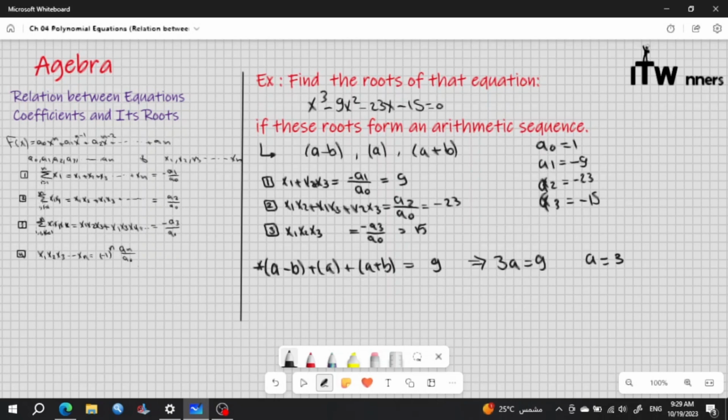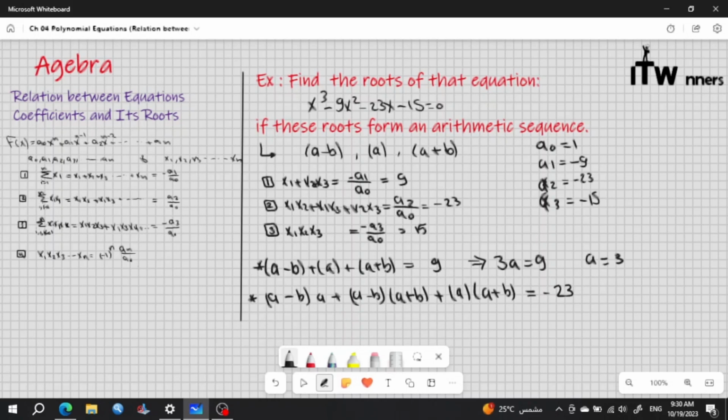From the next one we have (a − b)a + (a − b)(a + b) + a(a + b), and this equals −23.